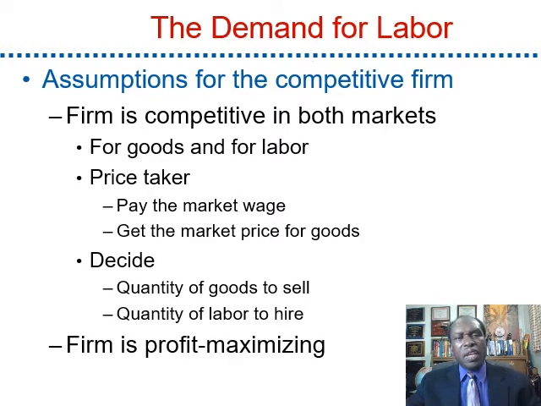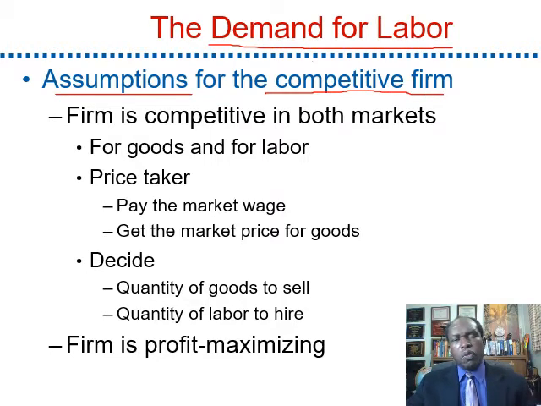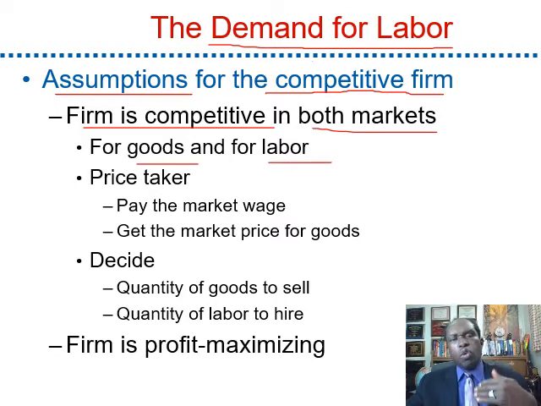To derive the demand for labor, we are going to assume that the labor market follows competitive firm conditions. A firm is competitive in both the market for goods and the market for labor, so they are considered price takers.